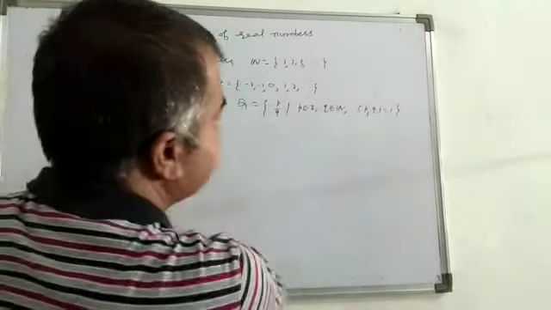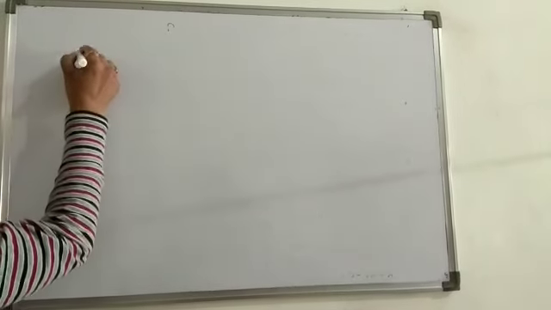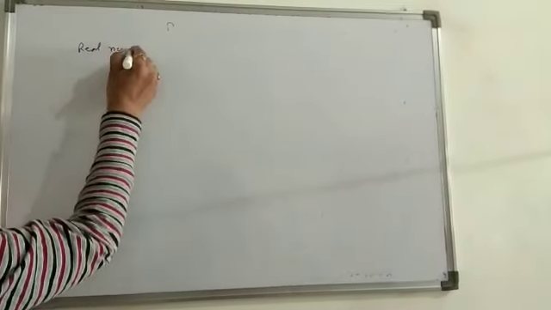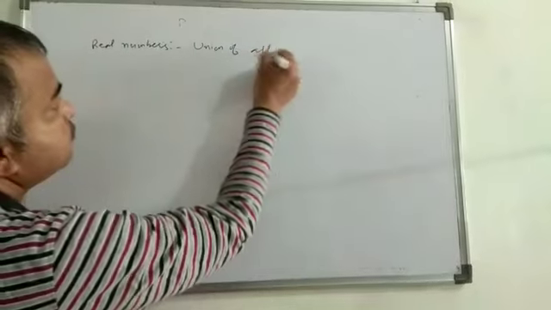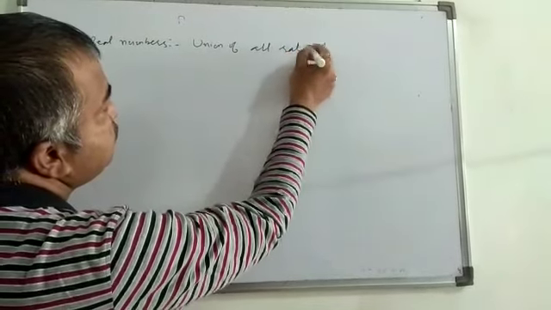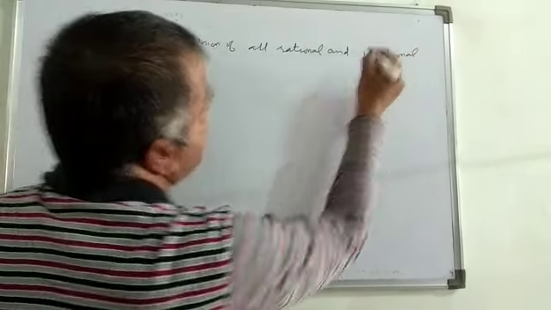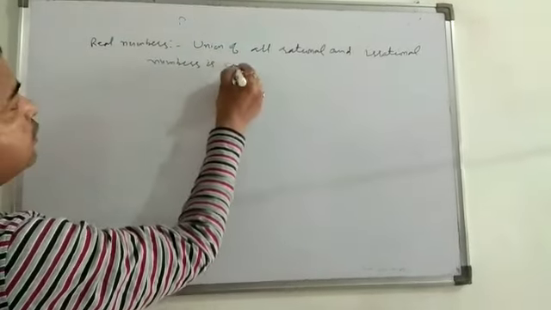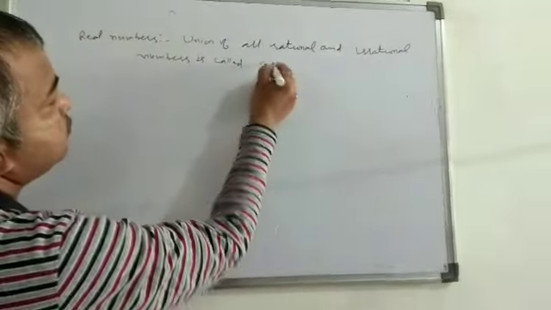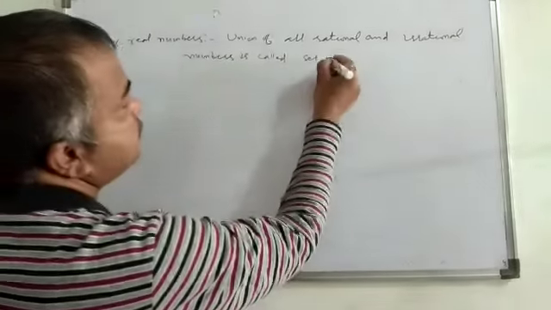The union of all rational and irrational numbers is called the set of real numbers.